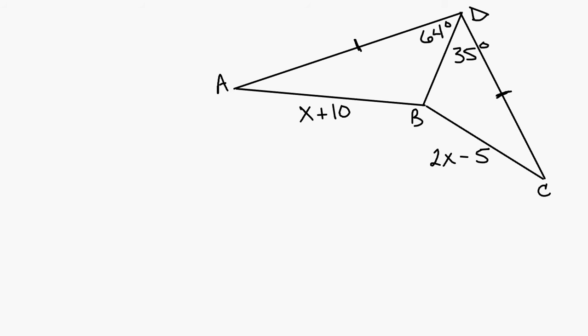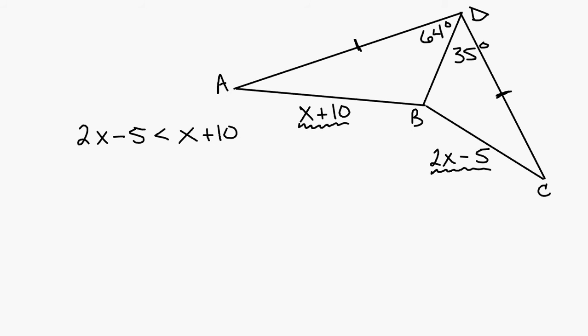So now, do you see the 2x minus 5? How does it compare to the x plus 10? It's less than. So watch, you got 2x minus 5 is less than x plus 10. 2x minus 5, this side of this triangle has to be smaller than the side of this triangle.